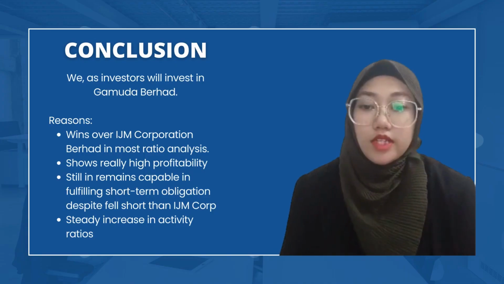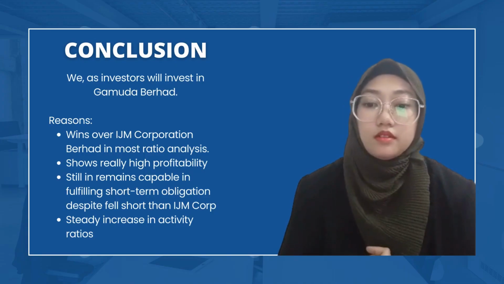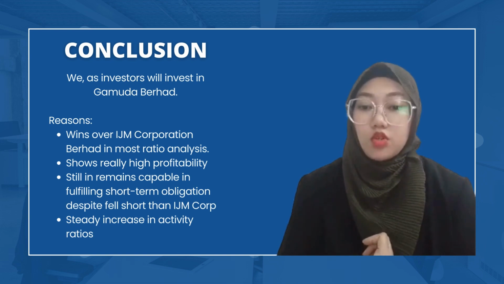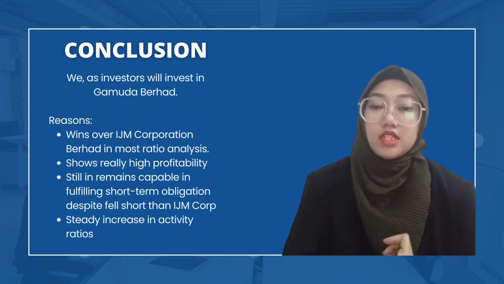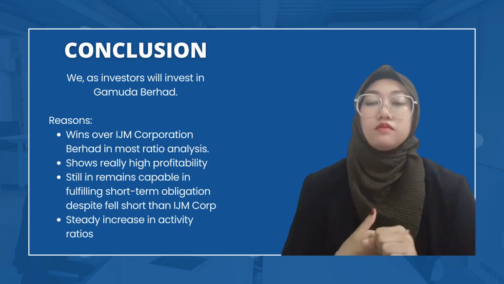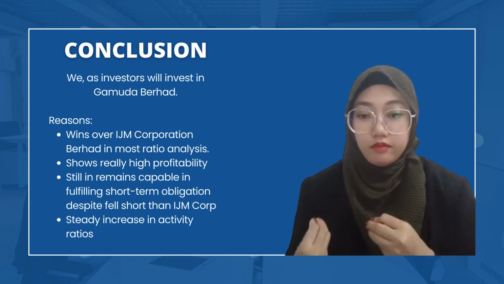In conclusion, we as investors will invest in Gamuda Berhad. Firstly, because Gamuda wins over IJM Corporation in most of the ratio analysis. Next, because Gamuda shows higher profitability than IJM Corporation.